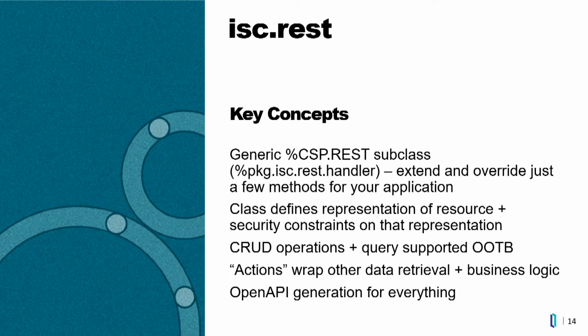So some key concepts here. There's a generic %csp. Well, just backing up. Who is currently using REST with %csp.rest for web application development? So you extend %csp.rest, you override a URL map XData block, and you add all of the paths that call different class methods, what the HTTP method is, what CORS handling is.